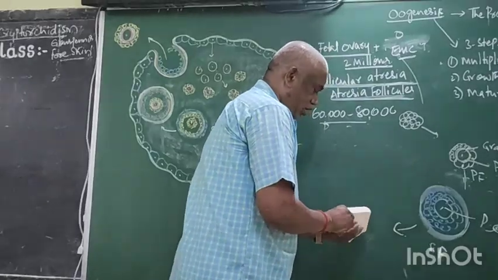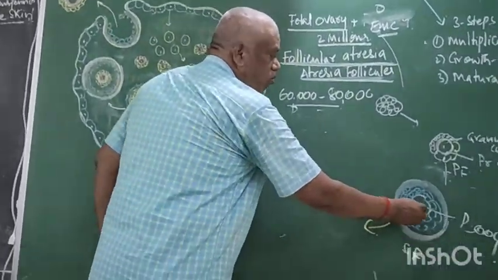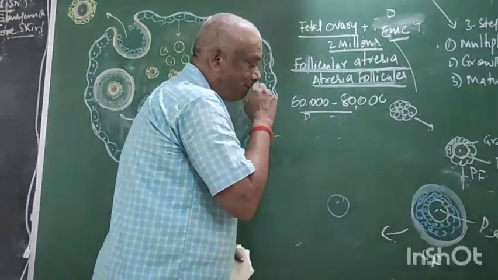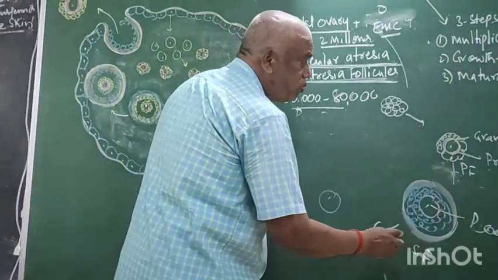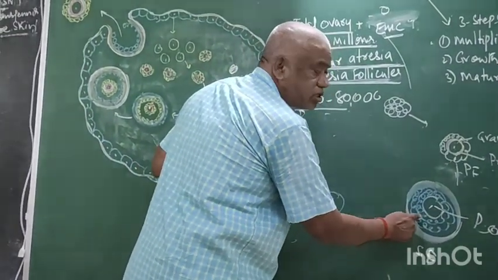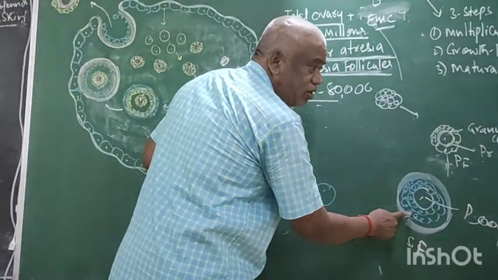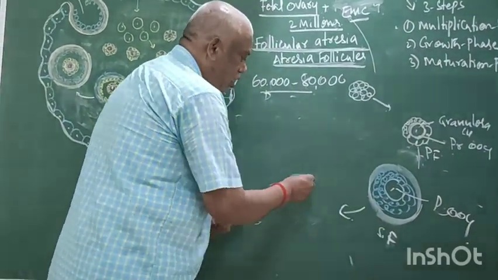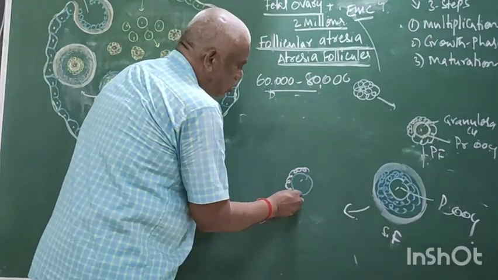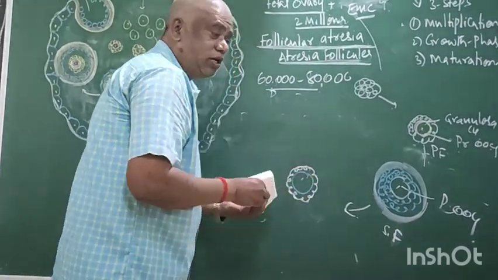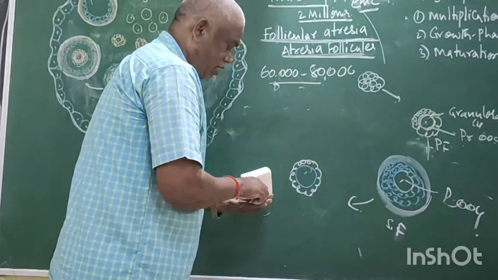Tertiary follicle. Now primary oocyte. Right. A gap will be formed between two granulosa cell layers. It is the inner layer, it is the outer layer. Name this cell: granulosa cell. See, now it is inner granulosa, right?